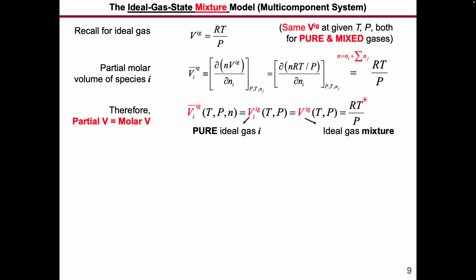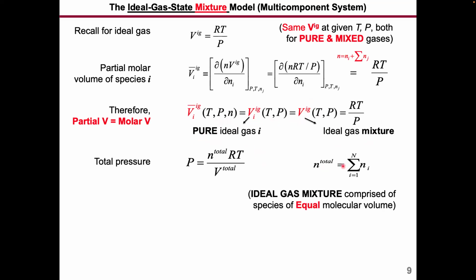All of them are going to be equal to RT divided by P. Okay, so V_i^IG we represent as pure ideal gas i. V without i, we are talking about the ideal gas mixture, right? And this is the partial molar volume of i in the mixture, okay? So now you know that the partial molar volume is equal to molar volume.